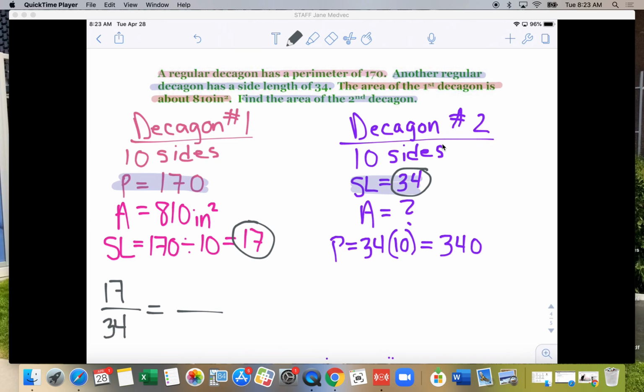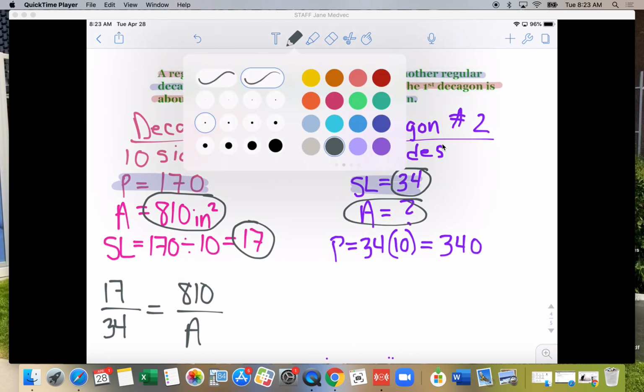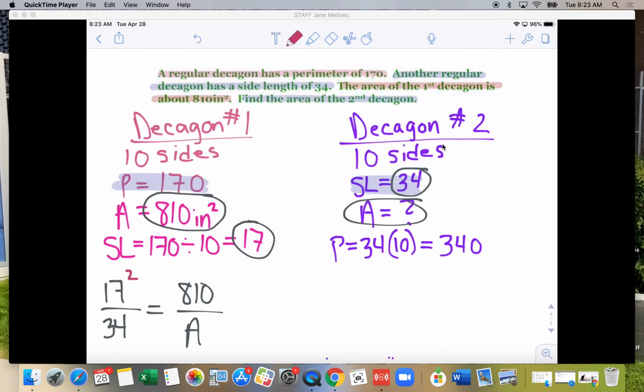And then I'm going to take the area of the smaller figure. Notice I'm going to put that in the numerator. And I'm going to try to find the area of the larger figure. Now, before I do cross products, again, what I need to do is I need to square those side lengths. Make sure that you do that. That's the number one problem students make.